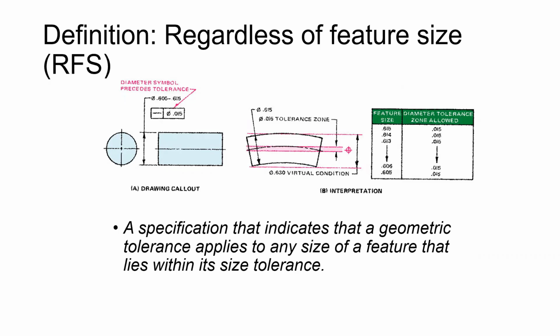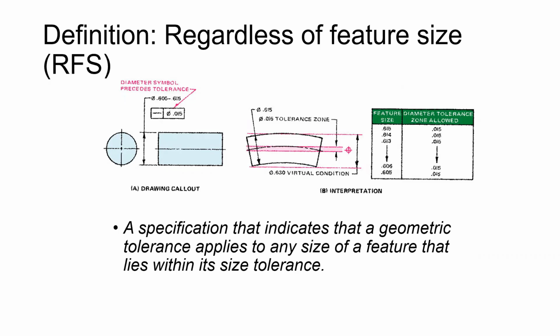Now if we think about what the actual tolerance amount is throughout that entire tolerance range, in the table there we've got the lower limit of the diameter, 0.605, all the way up to the upper limit at the top of the chart, 0.615. And the tolerance zone is the same 0.015, regardless of where that shaft actually measures within that tolerance zone.